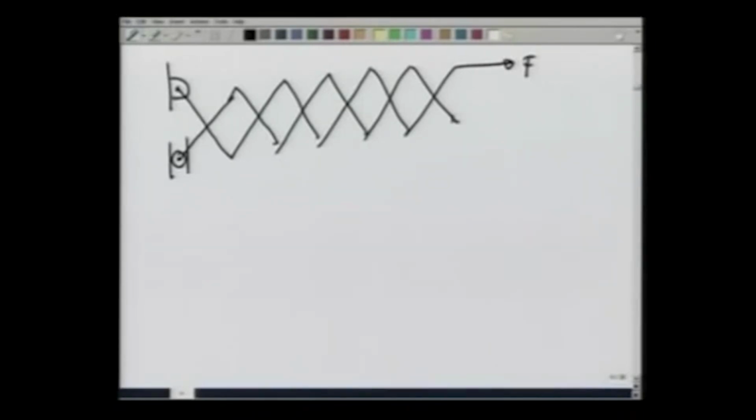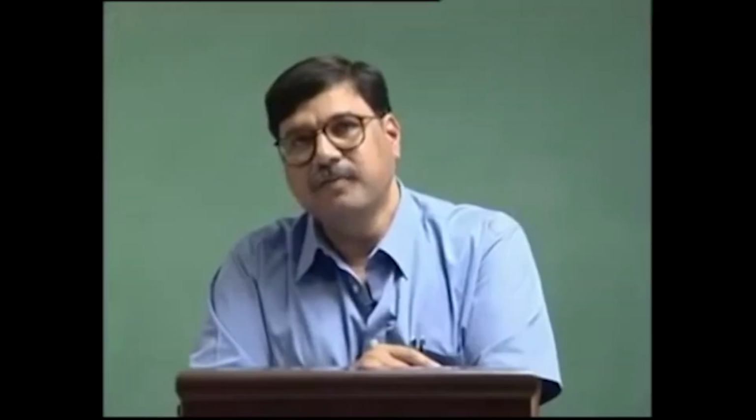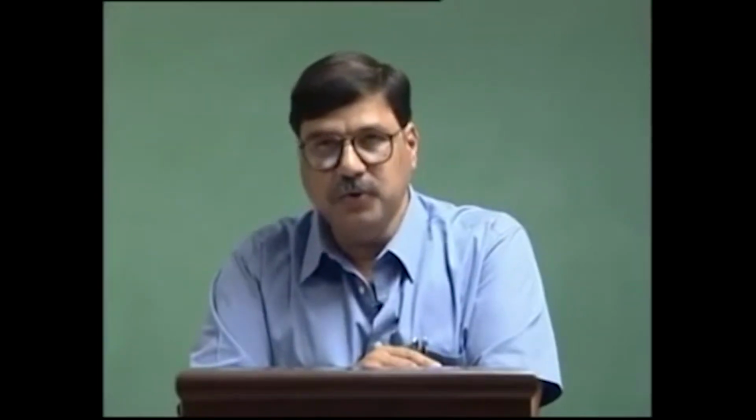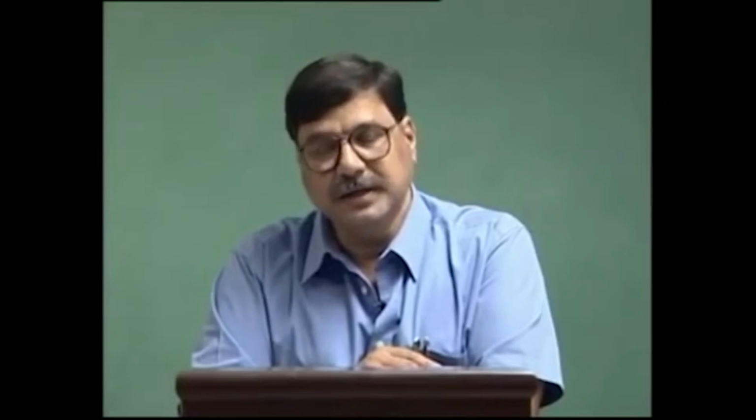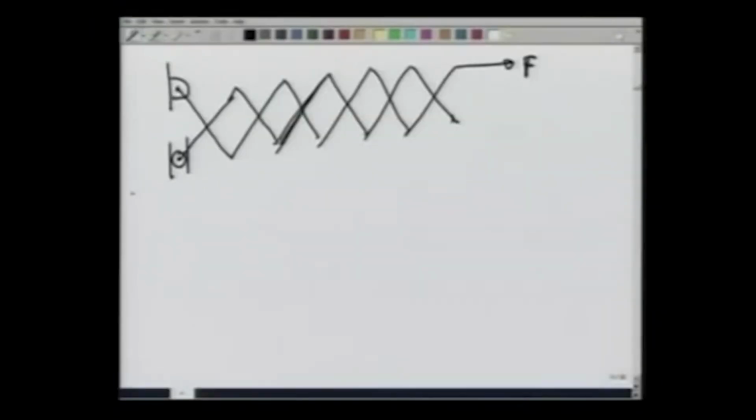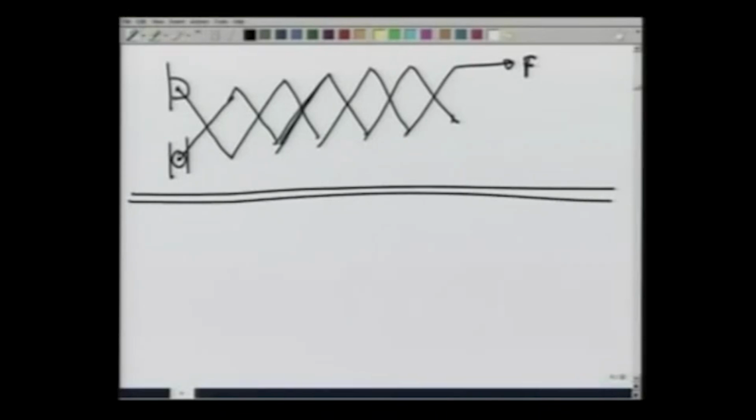Each bar has mass m and length 2b, and I want to calculate the force F to keep this whole thing in equilibrium. If we go the conventional way, I'll have to build up the solution step by step. With the method of virtual work, we'll be able to do it in a much easier manner. So to develop the method, we need certain terminologies. Let me now go over them.